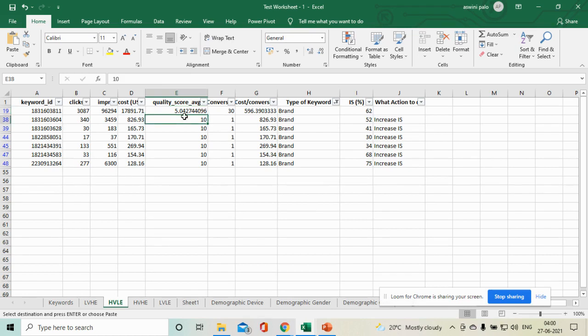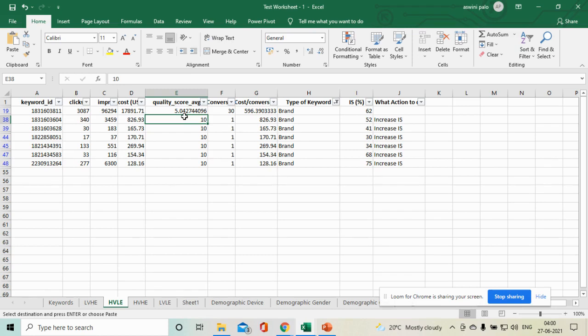Generally for brand, your quality score should be more than 8.5. If it is less than that, you are doing very badly for those keywords. So your objective for brand should be to hit more than 8.5. In fact, it should be 10, not even 9.